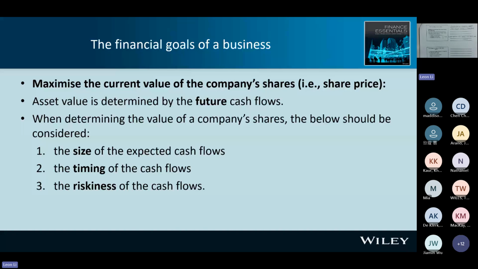If the market is efficient, the share price will reflect all the information. The share price is the biggest concern of the shareholder. This is why in finance we focus on share price. Share price is everything.